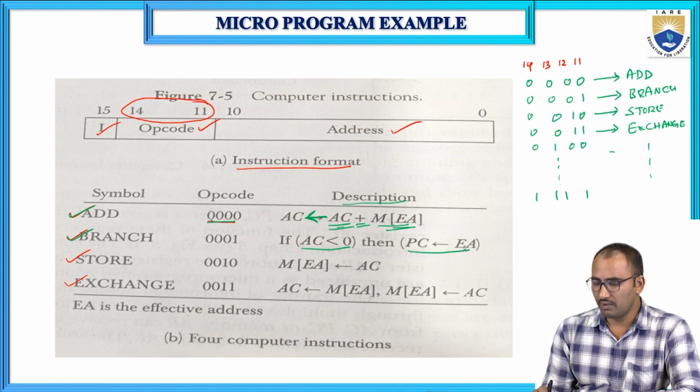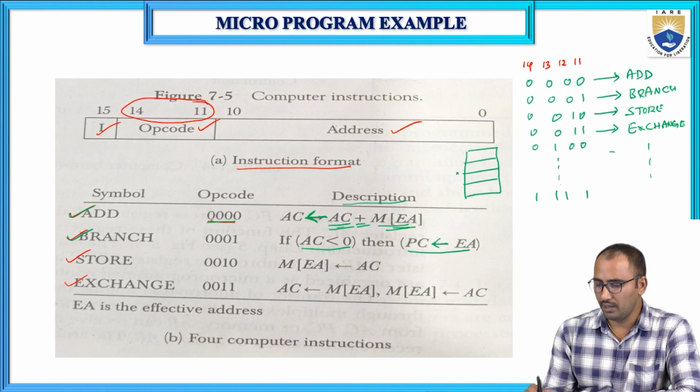Then EA goes to PC. Suppose the program control wants to shift from one memory location to another memory location. See here, you have a memory.